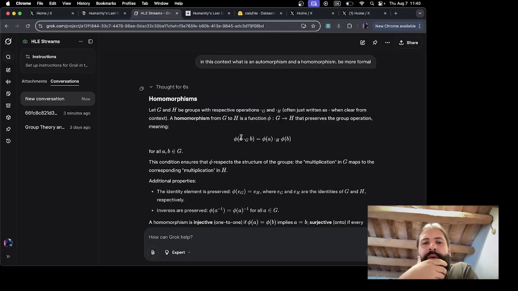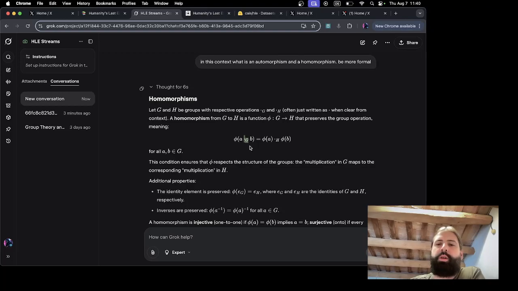It's mapping the operations. It's a map that basically translates what the product of G means.